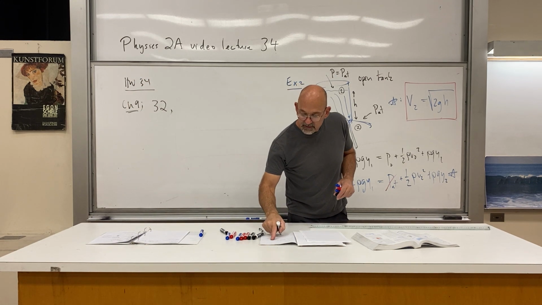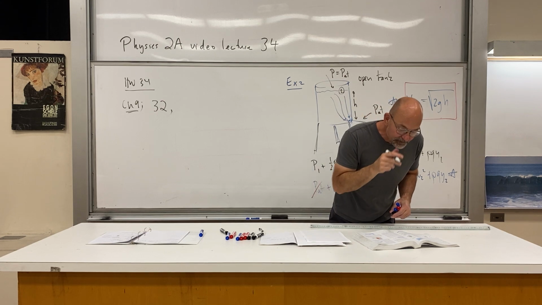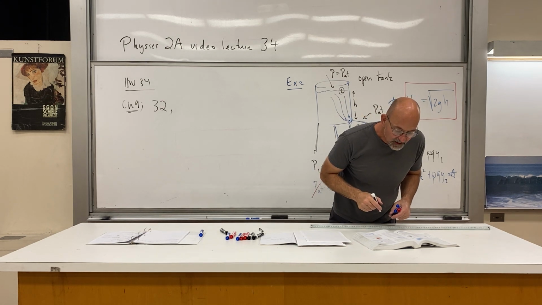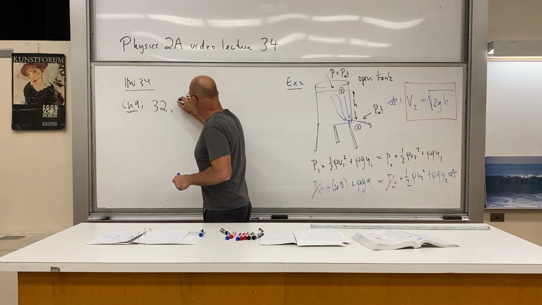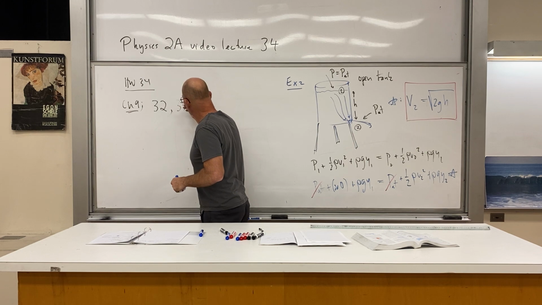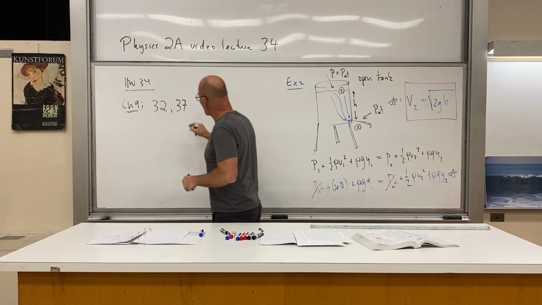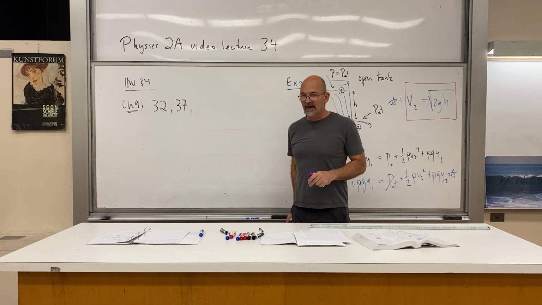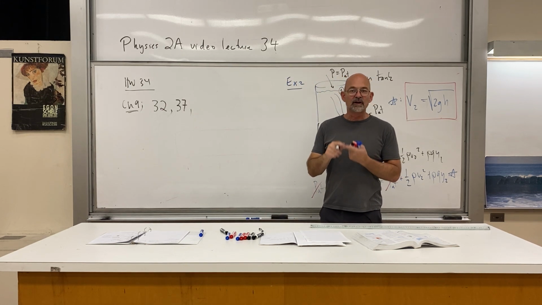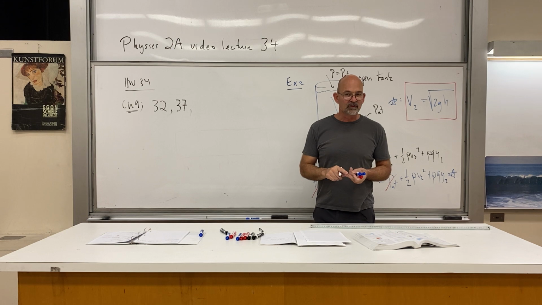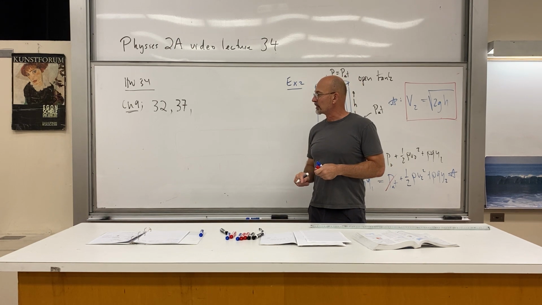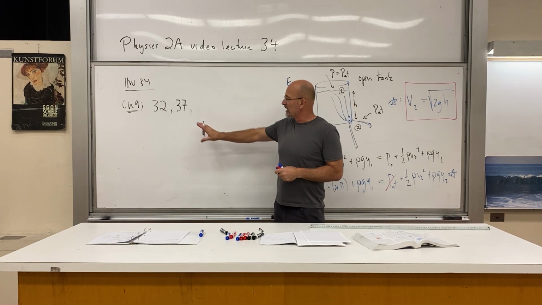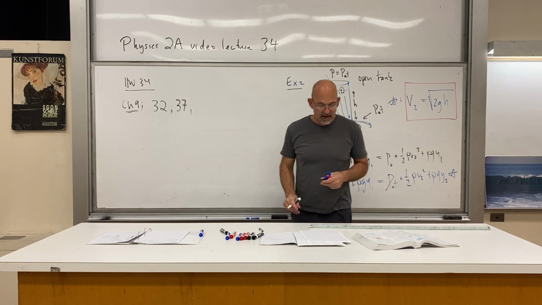Then I wrote down here 37. 37 is that hypodermic syringe I drew on the board earlier. You'll have to decide whether it's going to be the continuity equation or Bernoulli's equation or both, but it's a nice basic problem.